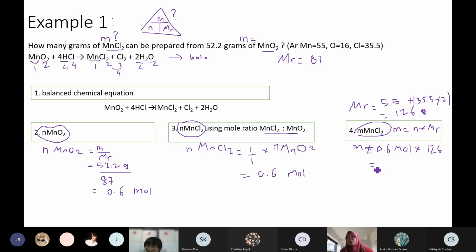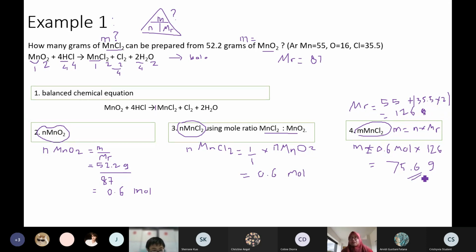So what is the mass of MnCl2? The unit of mass is gram. 75.6 gram. This is the way to find mass.